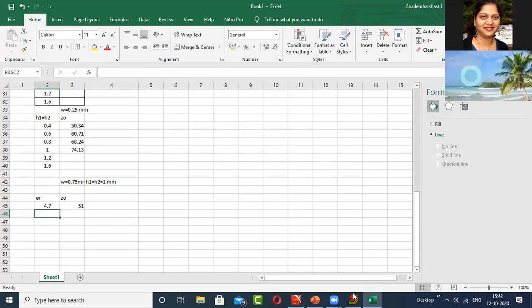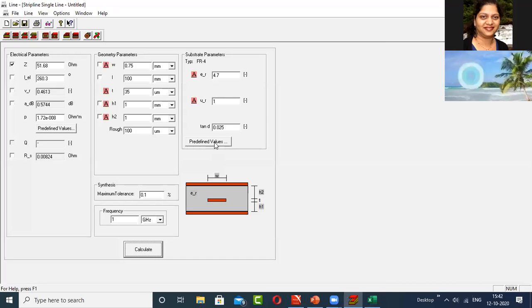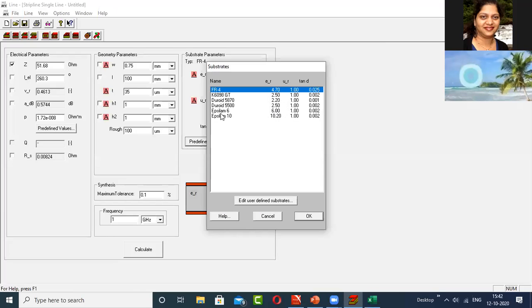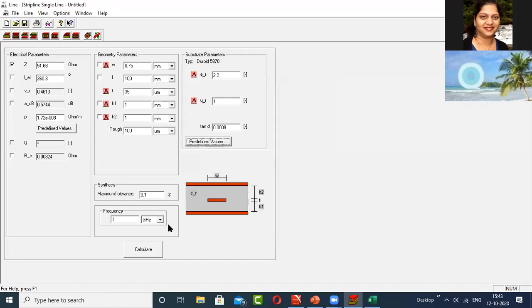So if suppose I change the dielectric material, then what happens? We'll reduce it, because here we'll go with the smaller one, okay? So divide this, 2.2, 2.5, 6 like that. Okay, so it is 2.2.